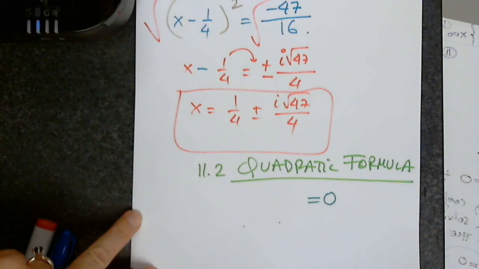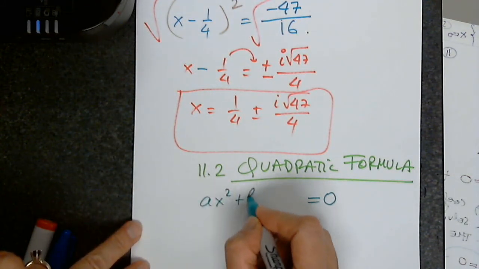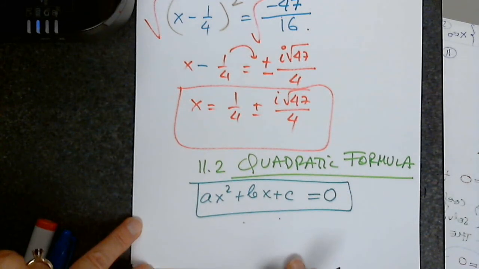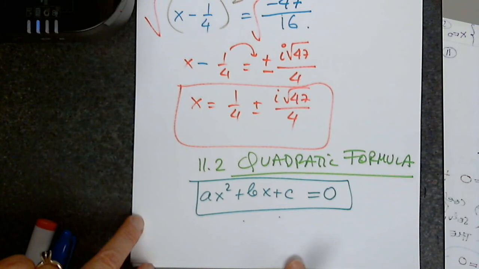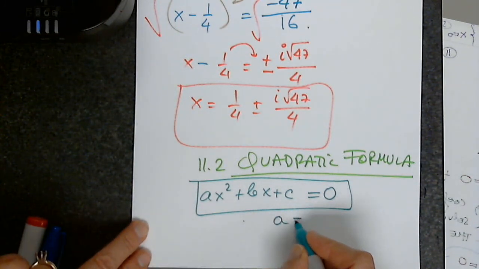So this is our first step. So ax squared plus bx plus c has to be set equal to 0 in the standard form. This is a must. Then I will have to identify a, b, and c.